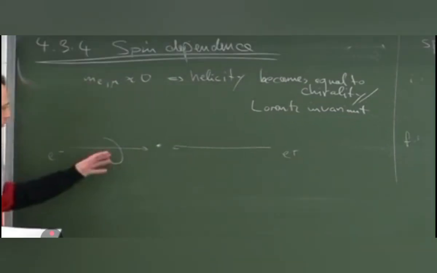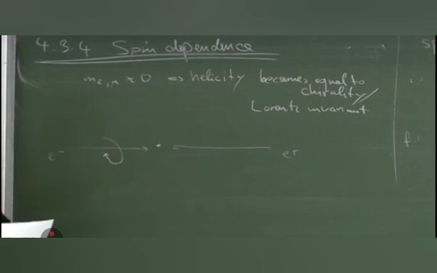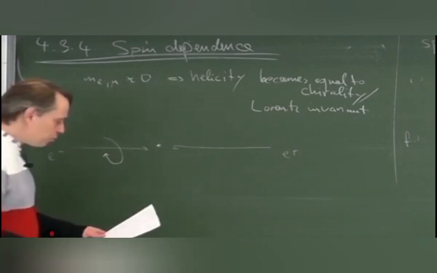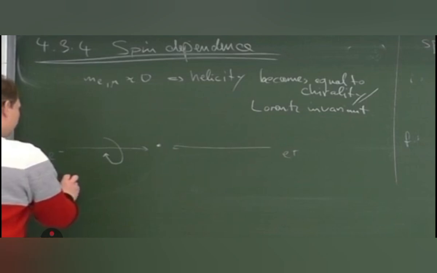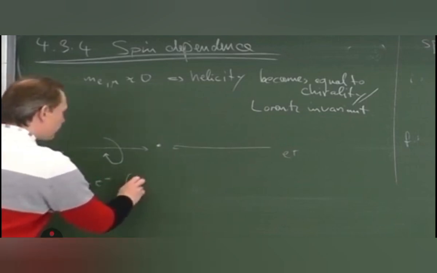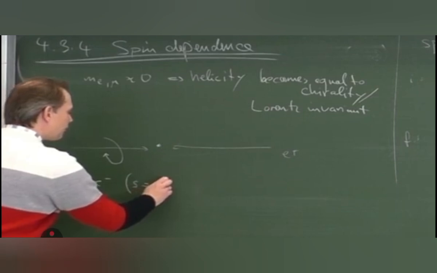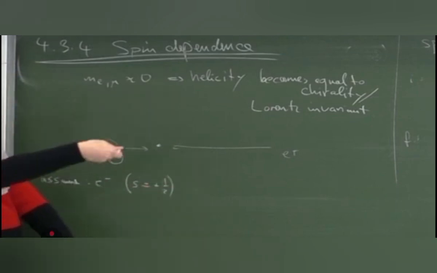And of course, the opposite case would behave analogously. So we will only consider that kind of situation. Let's assume e- has helicity +1/2. This is supposed to be right-handed.